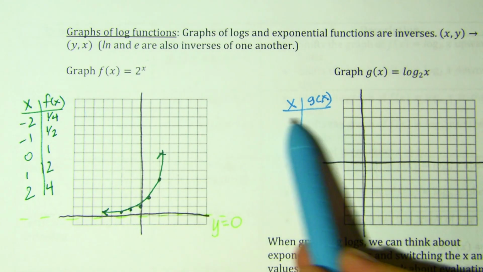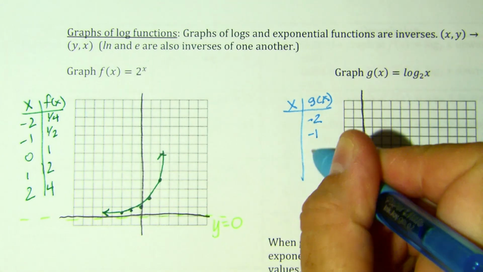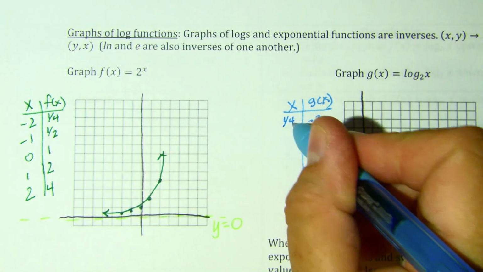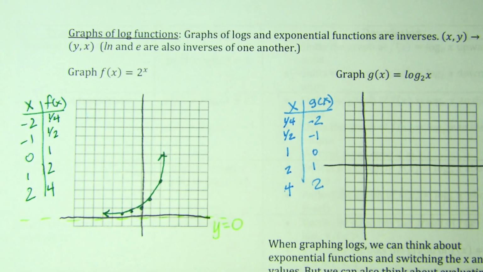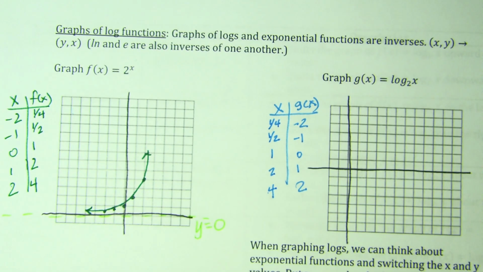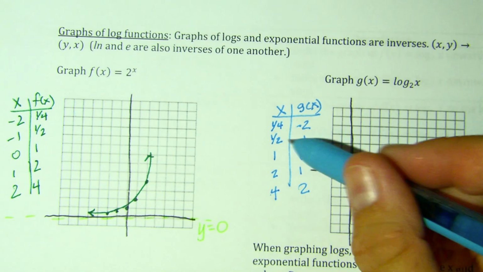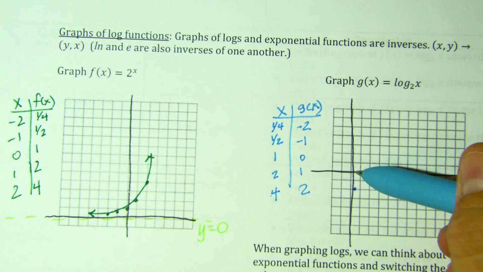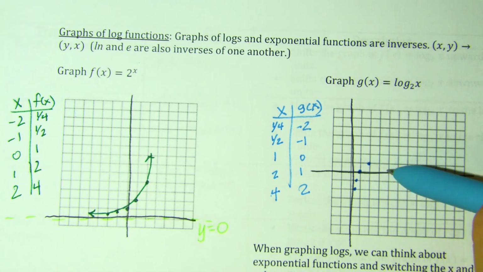So what I can do is switch the domain and range. My inputs become my outputs, and these correspond: 1/4, 1/2, 1, 2, and 4. I can go ahead and plot those points now. That actually gives me a table of points to plot here. So plotting those points: 1/4, -2; 1/2, -1; 1, 0; 2, 1; and 4, 2.